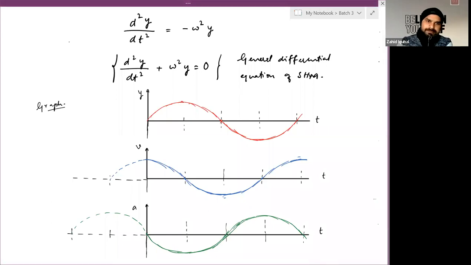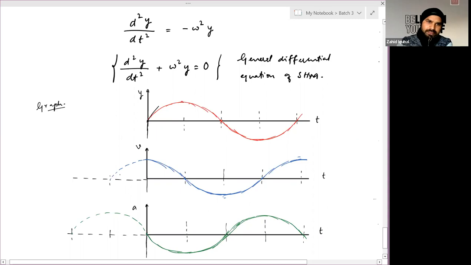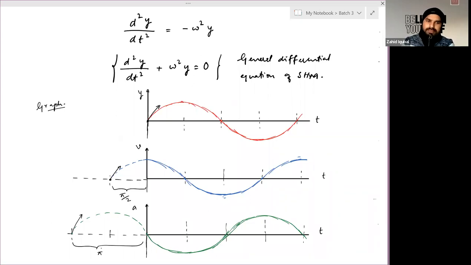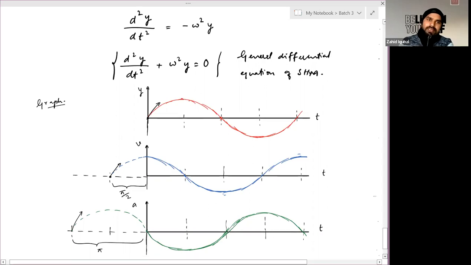So from this part, we can say if the initial projection for all these three different quantities is the same, velocity is ahead of displacement by pi by 2. And in case of acceleration, it is pi with respect to displacement. So the phase difference between displacement and velocity is pi by 2, between velocity and acceleration is pi by 2, and between displacement and acceleration is pi. So from this graph, we may define the phase difference between these different quantities.